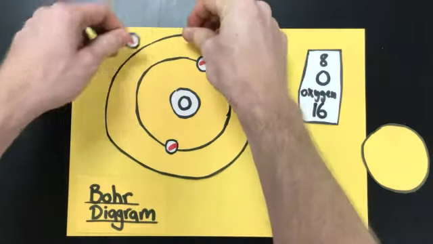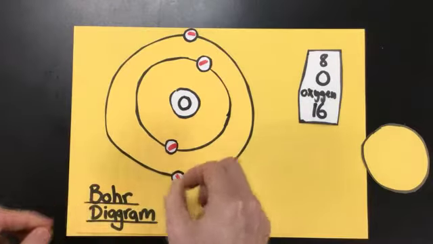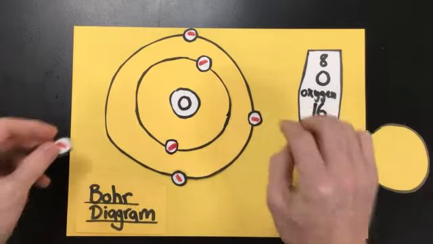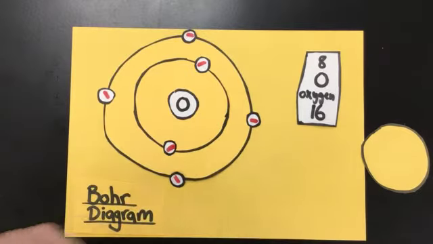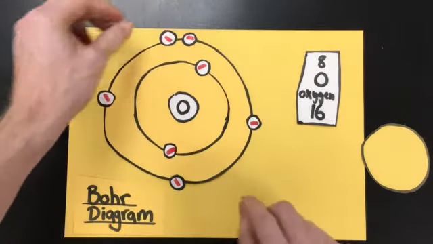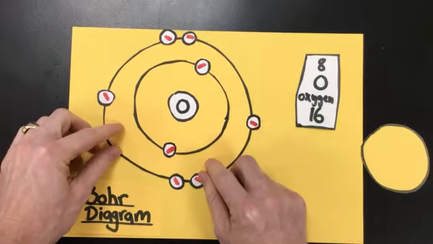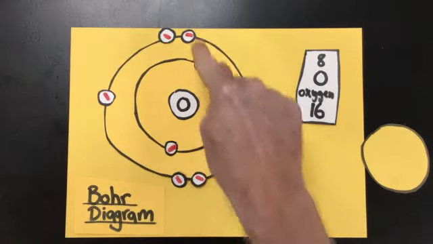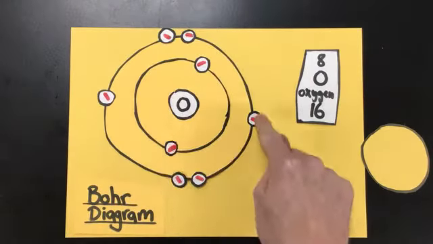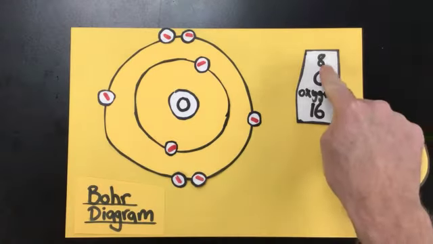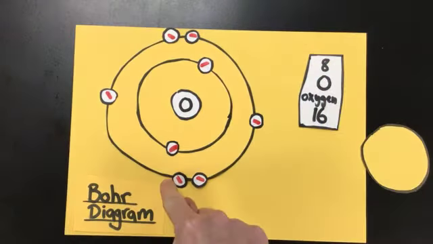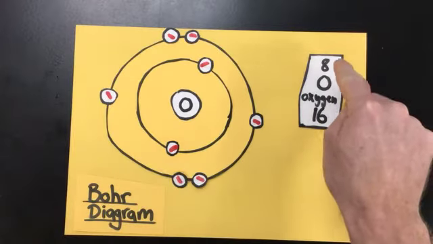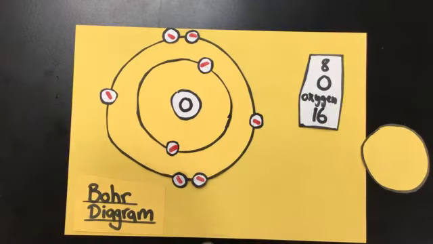So we can place those around. 1, 2, 3, 4, 5, 6. Do we have enough electrons? Well, let's count. 1, 2, 3, 4, 5, 6, 7, 8. Our atomic number is 8. We have 8 electrons, and we know that the atomic number equals the same number as we have electrons.